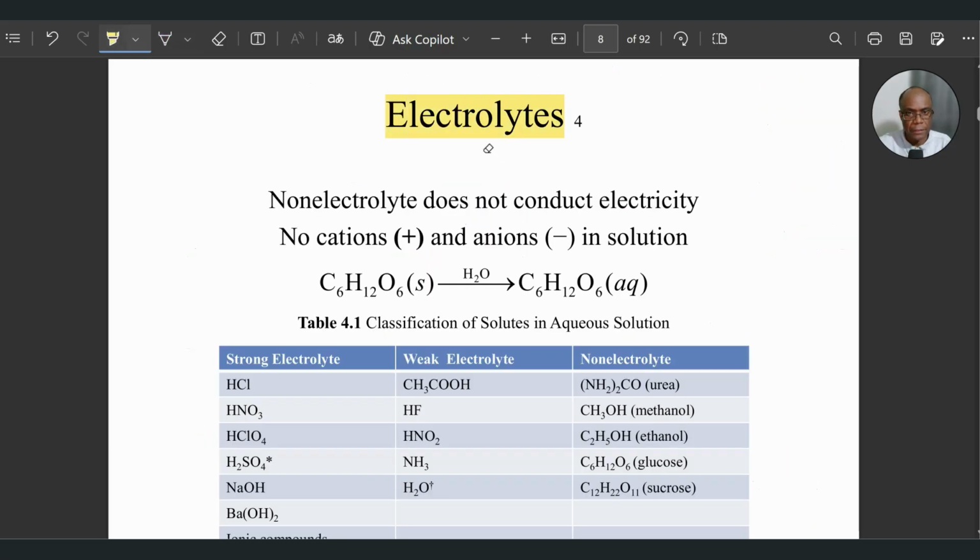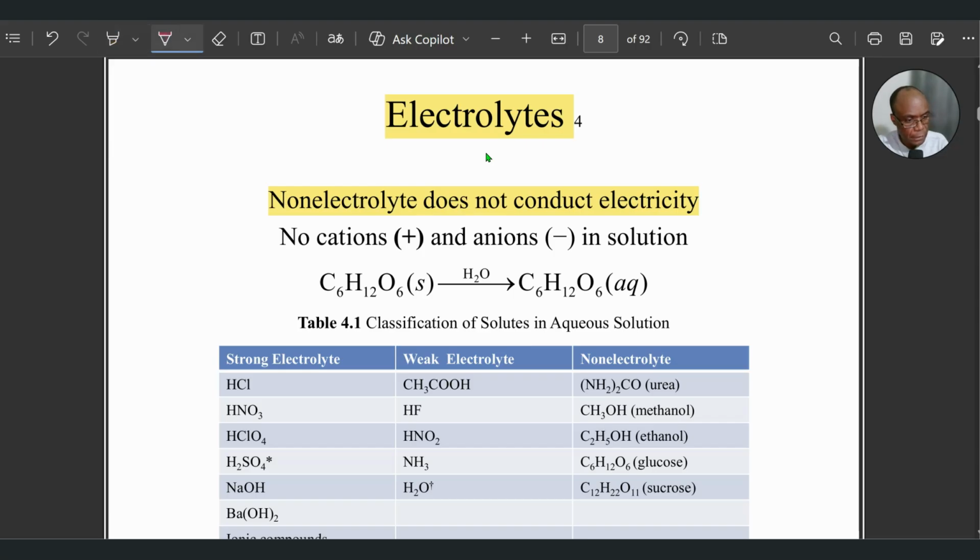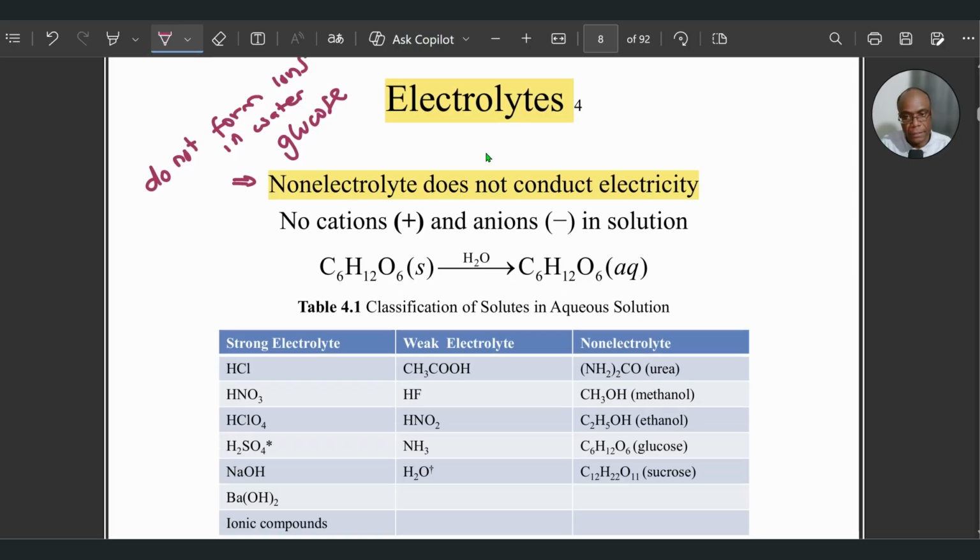Continuing with electrolytes, you'll notice that non-electrolytes do not conduct electricity. And the reason is simple why they do not conduct electricity: they do not ionize, they do not form ions in water. The best example is glucose, which is a sugar that will not ionize.